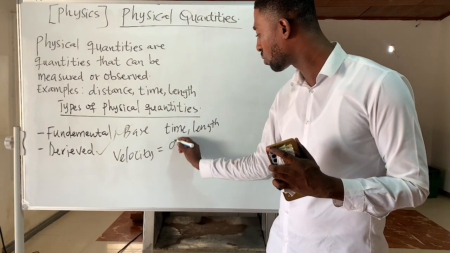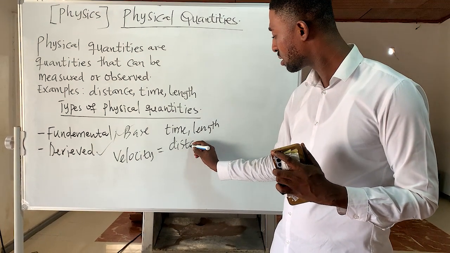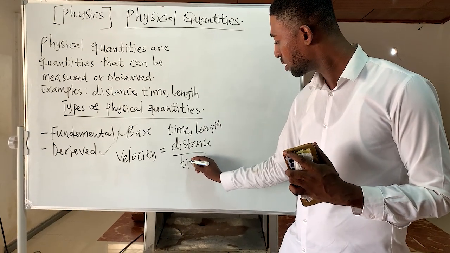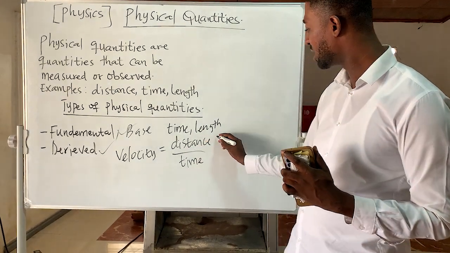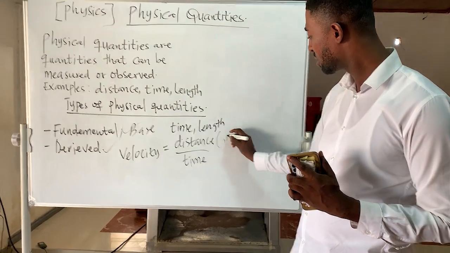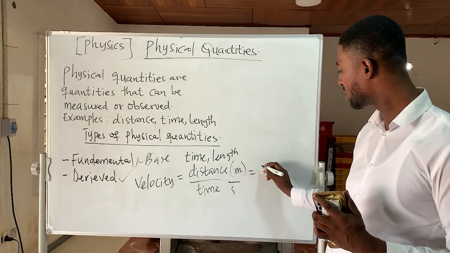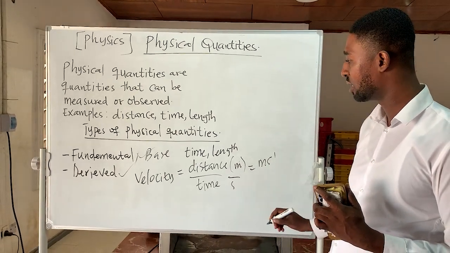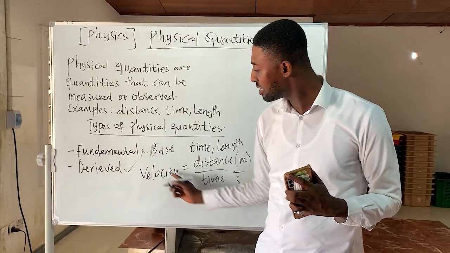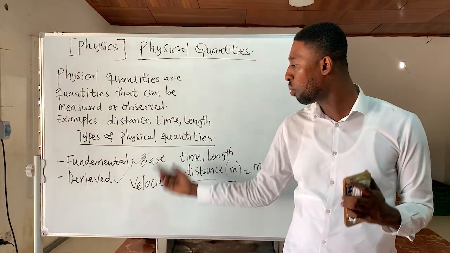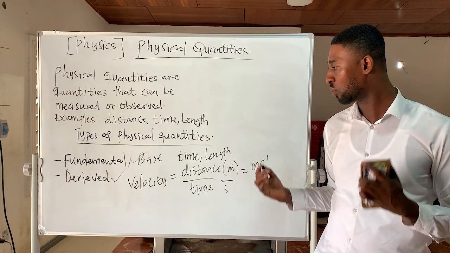So velocity is equal to distance over time. Distance is measured in meters. Time is measured in seconds. So velocity is equal to meter per second. Remember, velocity is a derived quantity because we combine two or more of the fundamental quantities.